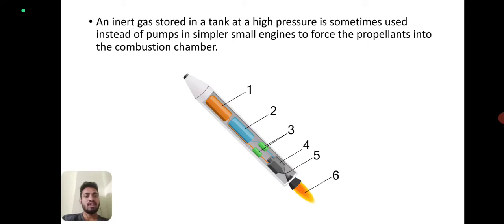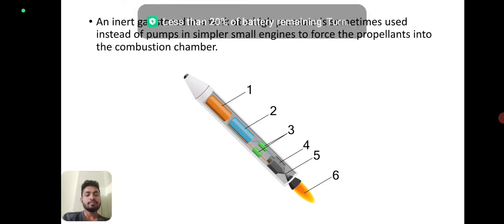Then the combustion takes place. The high-temperature hot flames from the combustion chamber will go through the convergent divergent nozzle, and it produces upward thrust. The rocket engine uses the thrust to overcome the drag and gravitational force.